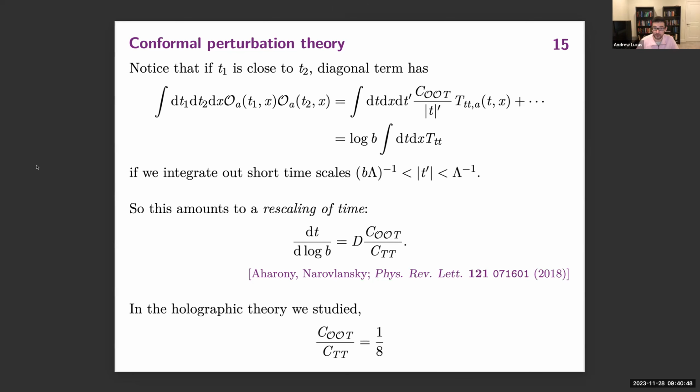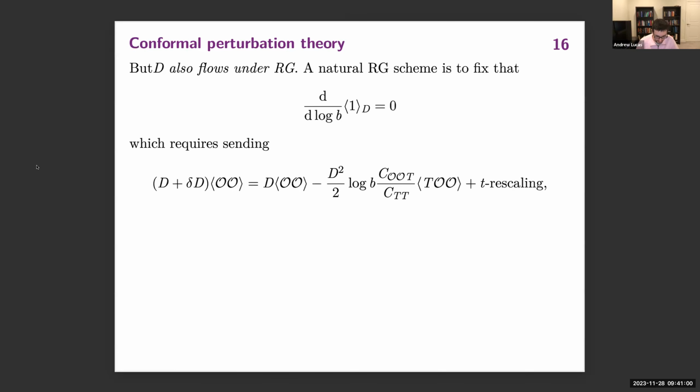And in the holographic theory, you can show that this ratio of OPE coefficients is 1/8. So we exactly reproduce the Lifshitz scaling from before. But what was missed is that D also flows under RG.